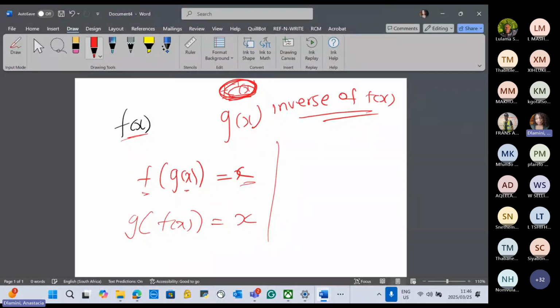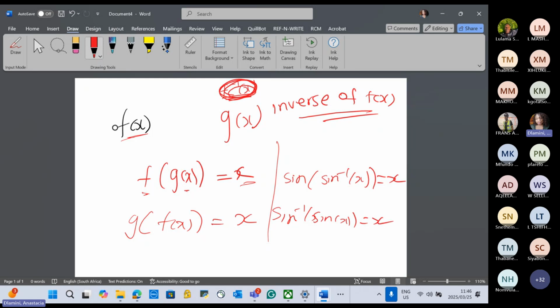This means that if I take sine of the arcsine of x, then I'll get x. You can try that in the calculator if you want. Or if I take arcsine and then sine of x, I still get x.